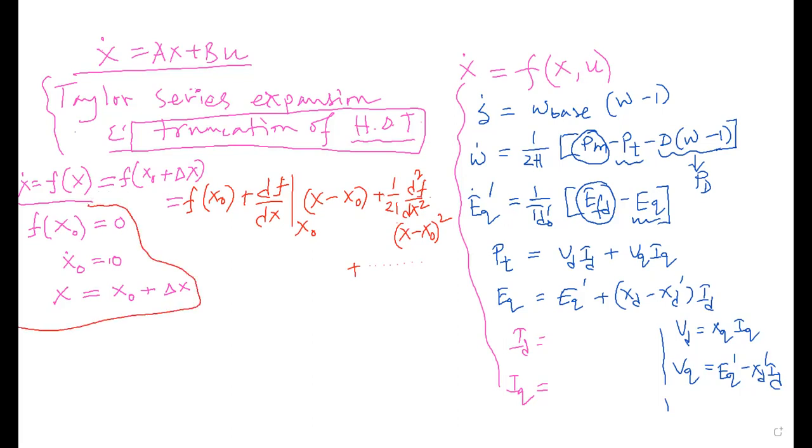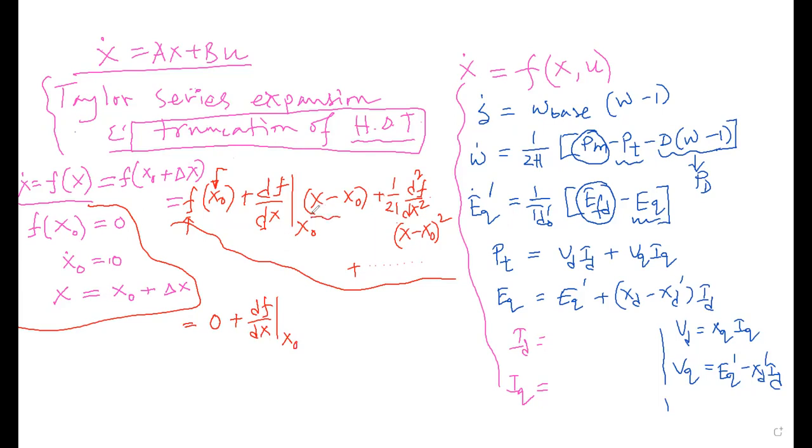Now, if I'm interested only in the linear part of this right hand side, and I also know that at the equilibrium point, my function value would return 0, I can simply write f of x0 is 0, plus df over dx, which I have to evaluate at the equilibrium point.